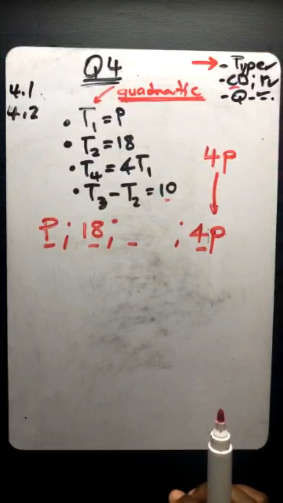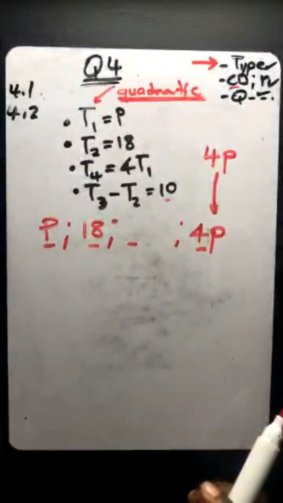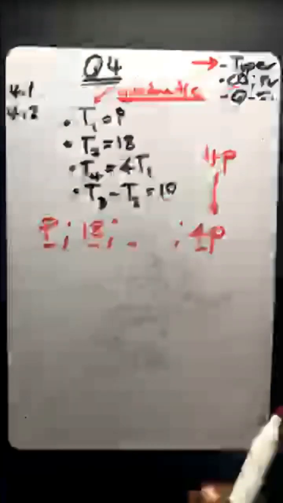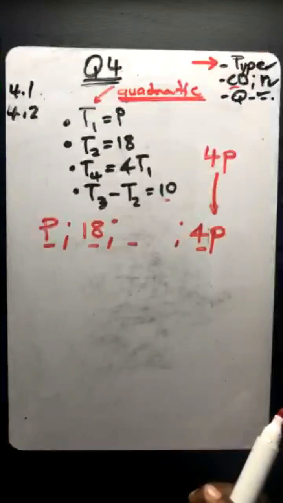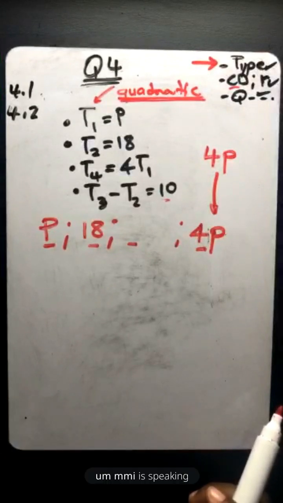So I added 18 with 10 and then I subtracted 10 again. Then I found 18 again. I don't know, sir. I just added. Sir, can I try?